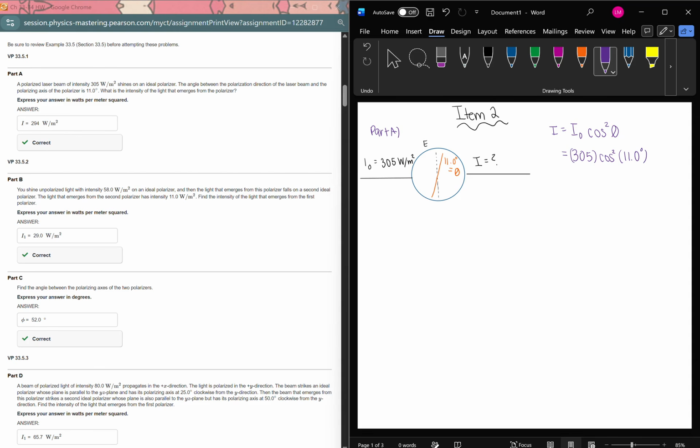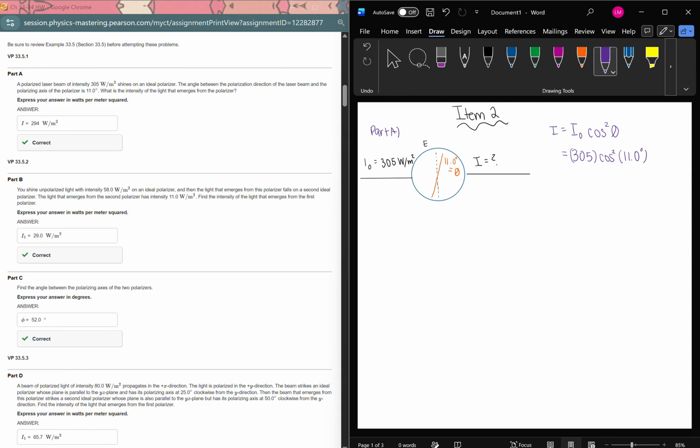Okay, now we are going to put this in the calculator. What I would recommend is to square the cosine separately and then multiply. This way it's easier.